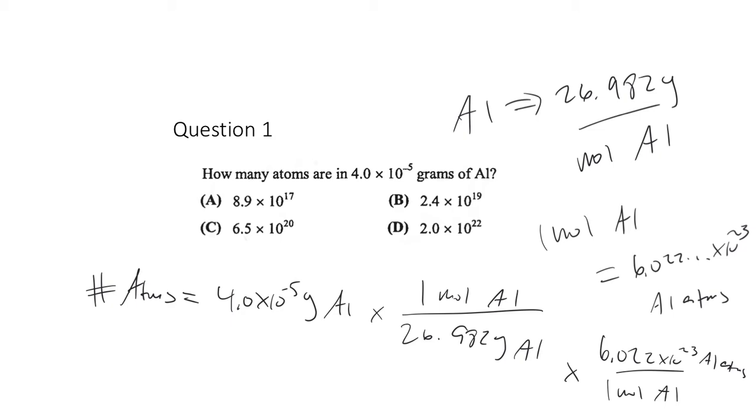So we'll do 4 e to the minus 5 divided by 26.982 and then times 6.022 times 10 to the 23. This should be a big number, and it is. It's 8.93 times 10 to the 17, or 8.9 times 10 to the 17.